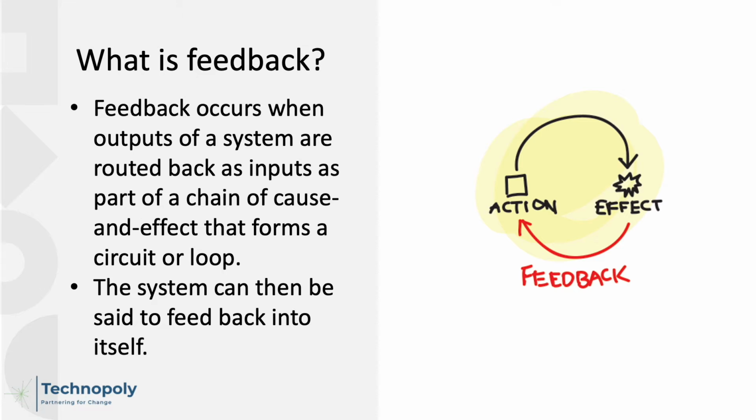Feedback is a simple way of taking note of what happens when an action is done, understanding the effect of that action, and what the effect would mean to our next action. Feedback occurs when outputs of a system are routed back as inputs as part of a chain of cause and effect that eventually forms what we call a loop. The system now is said to have a feedback into itself.